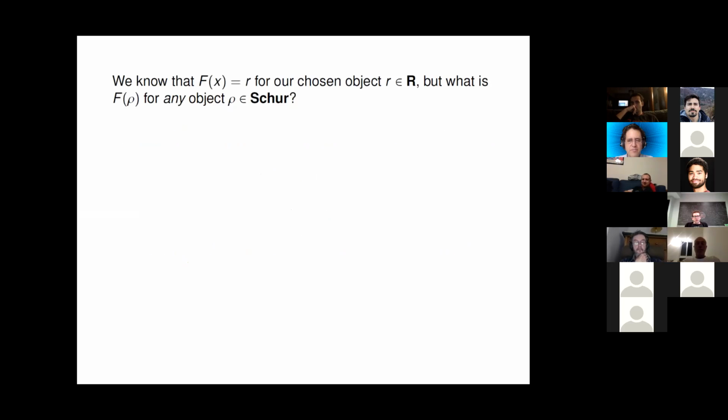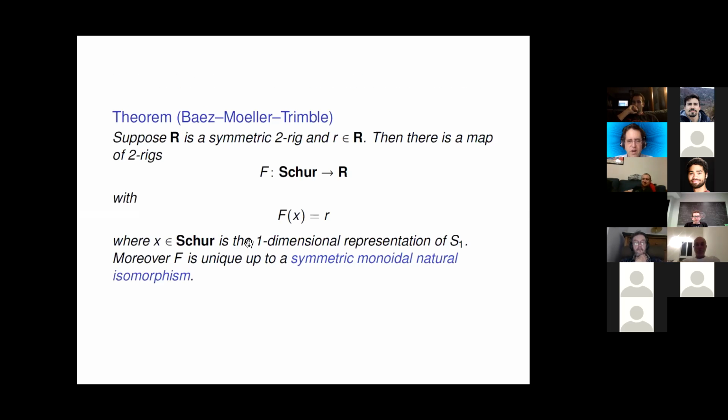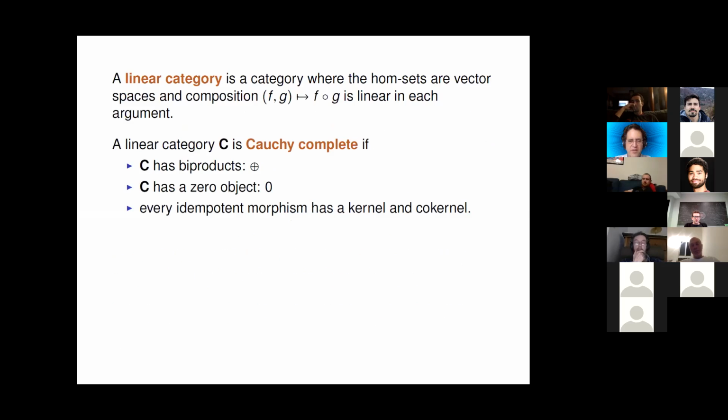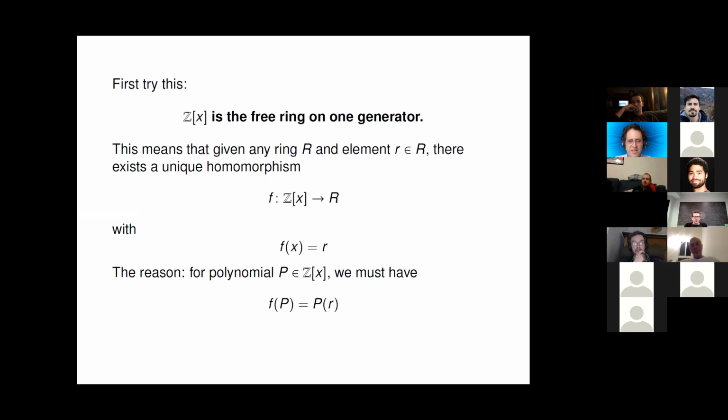I'll just say one thing. Suppose we are in this situation, so we have this F that sends our favorite object in Schur to R. Well, then it should send every object of Schur to something in this two-rig R. And so then you should ask, okay, what is it? Right, but way back here, oh no, I'm going to regret this, but okay, here.